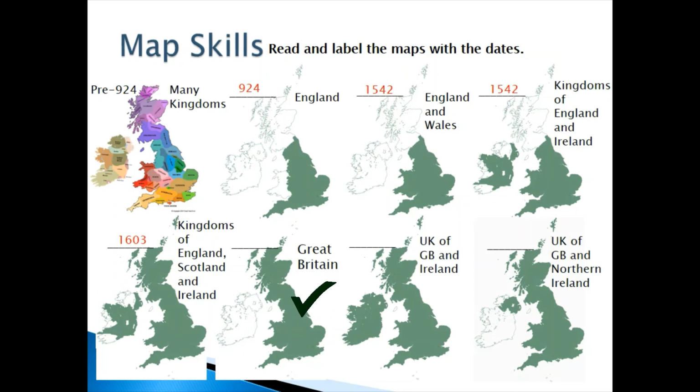The founding of Great Britain was in 1707. The founding of the United Kingdom of Great Britain and Ireland was in 1800. The United Kingdom of Great Britain and Northern Ireland was created in 1922.